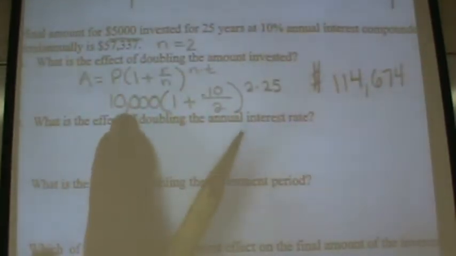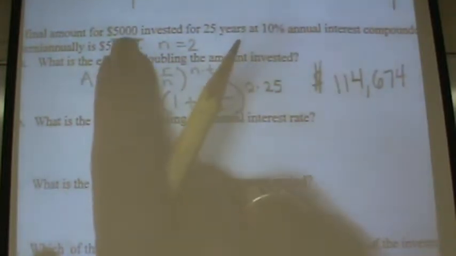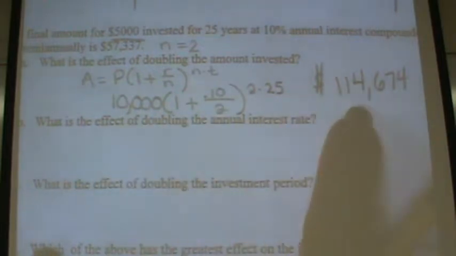So if you take 5,000 and you doubled it, that's how much money. Now, if you took $5,000 and invested it for 25 years, you'd end up with $57,337.